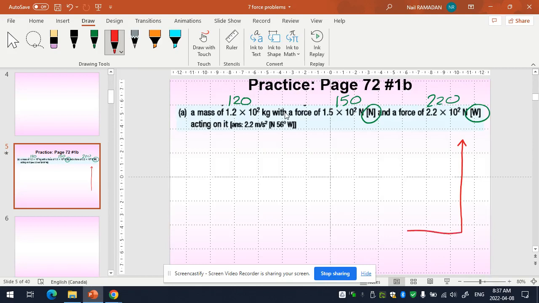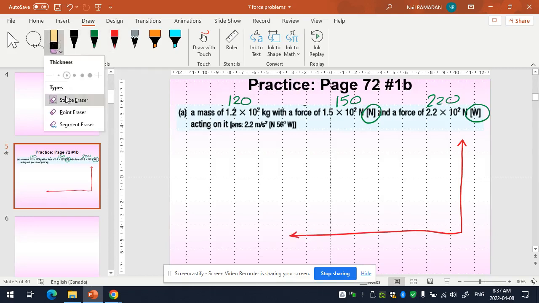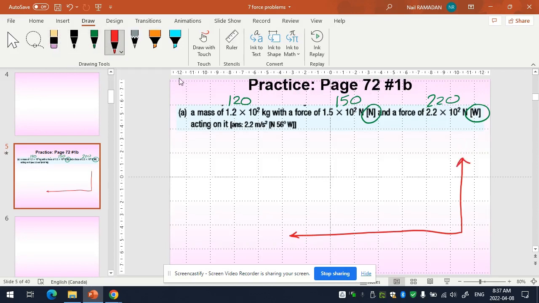So maybe like this. All right, now we're ready. This one is north, and this one is west. And this one is 150, and this one is 220.